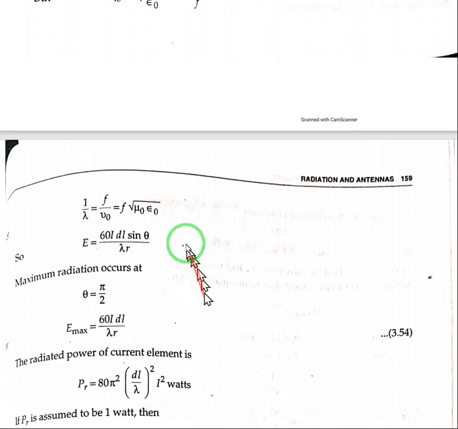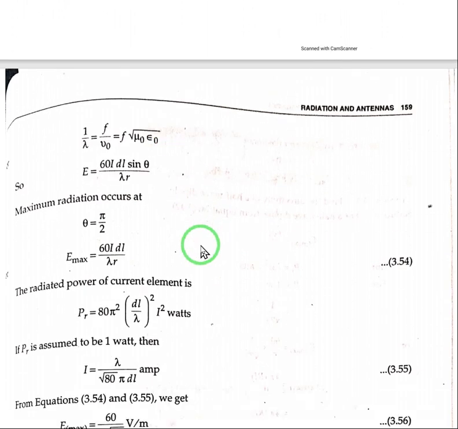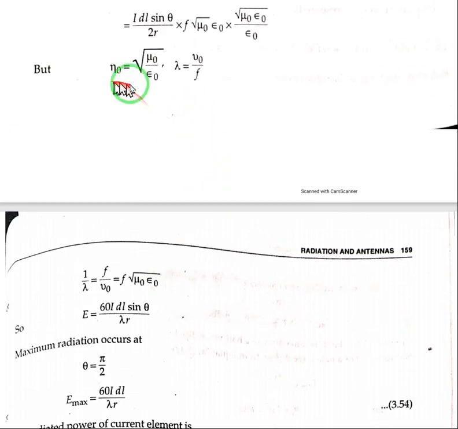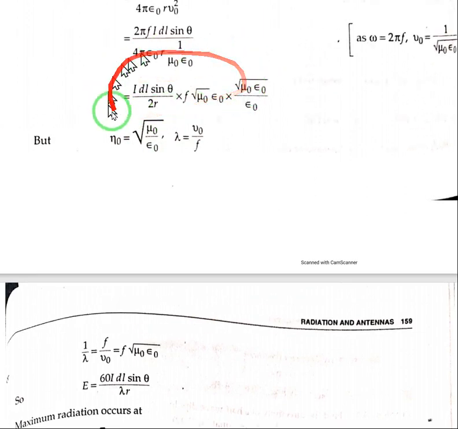After simplifying, we got E equal to 60 I dl sine theta over lambda r.